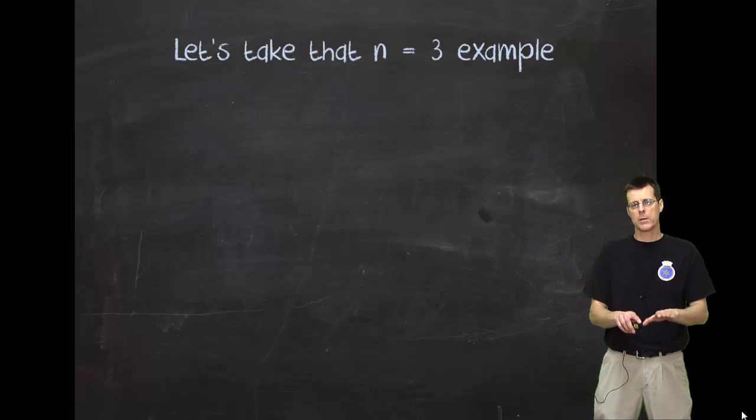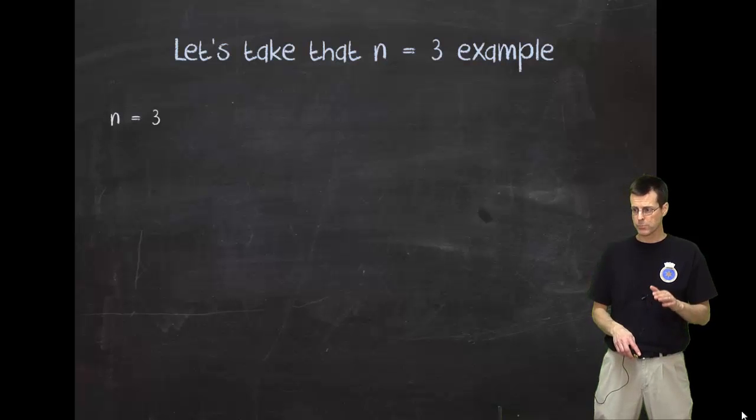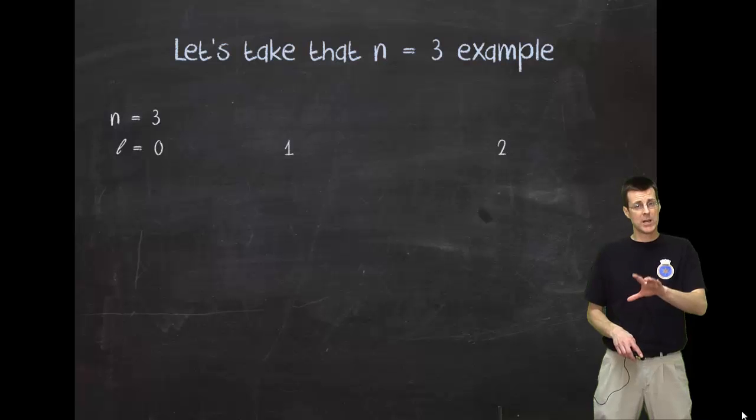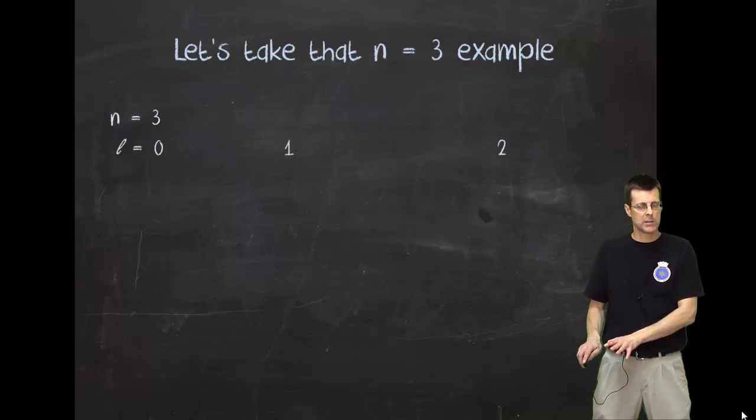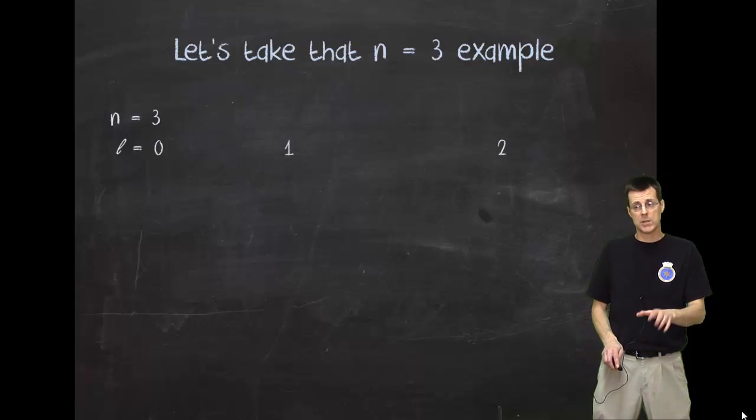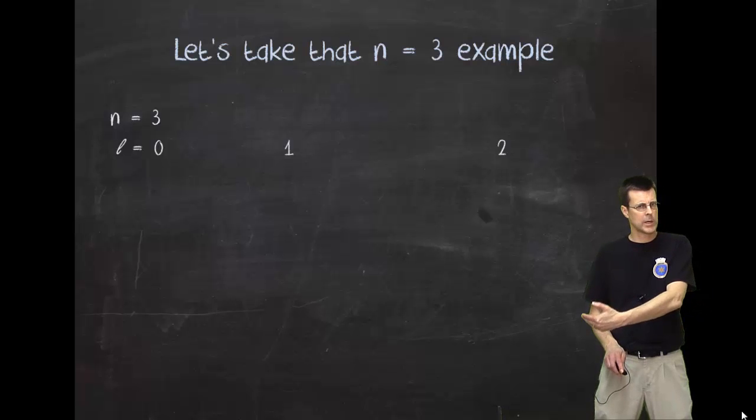So I'm going to go back with that n equals 3 example, and I'm going to break it out a little bit. So n equals 3, same as before. Now I'm going to take my values for L and spread them out, because what I want to do is take each L value in turn and look at it independent of the others. What that means is, if L is equal to 0, what does it mean for m sub L? What about when L equals 1?